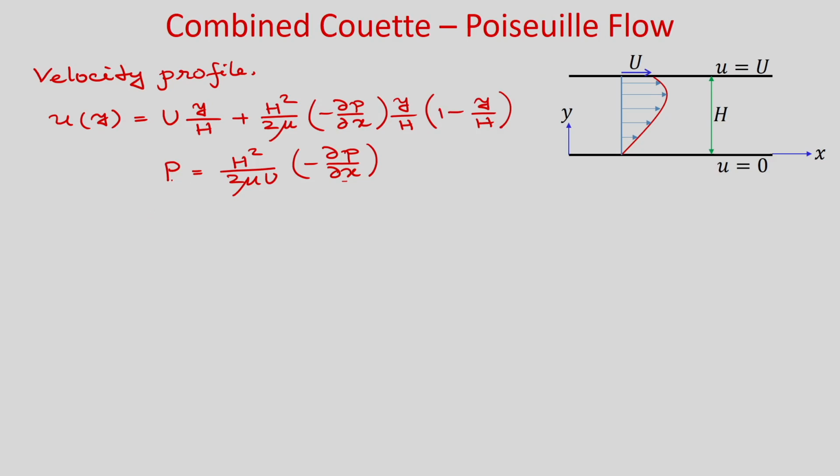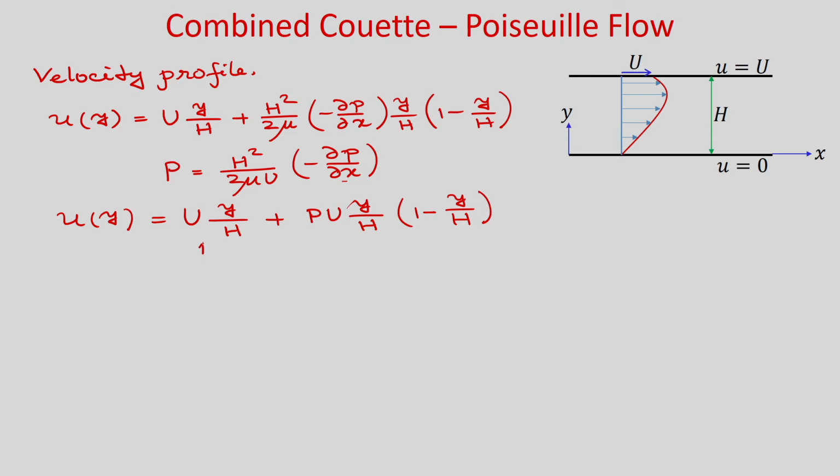So, if you rearrange this term, then you can write the velocity profile in terms of this pressure parameter P as u by U equals y by h plus P. So, U we have in the denominator, so we have to multiply by 1 in the numerator, y by h into 1 minus y by h.